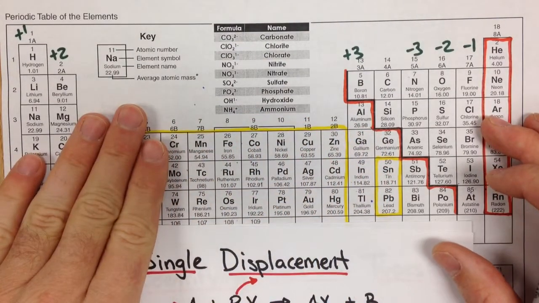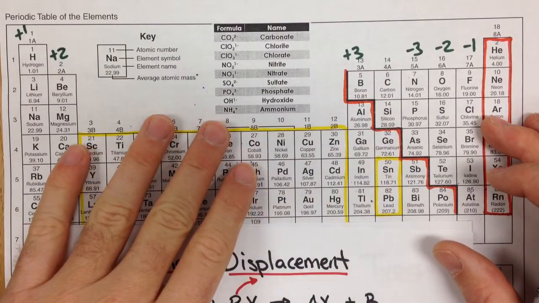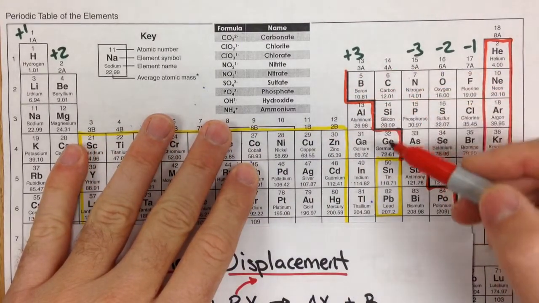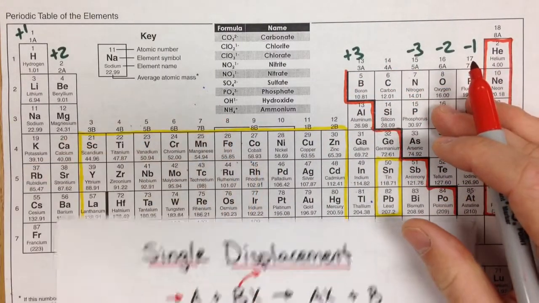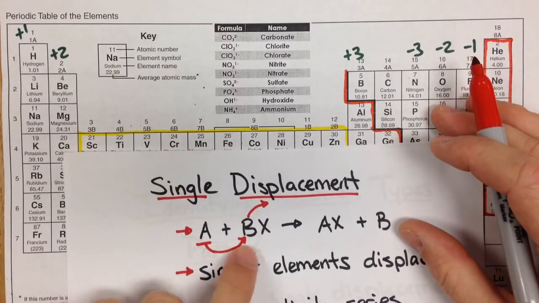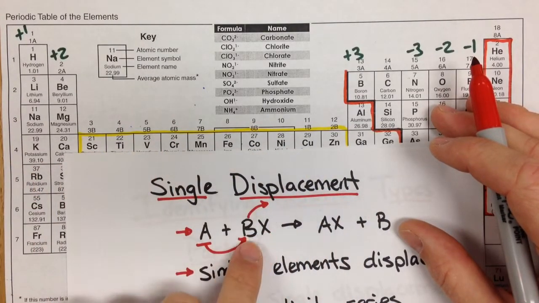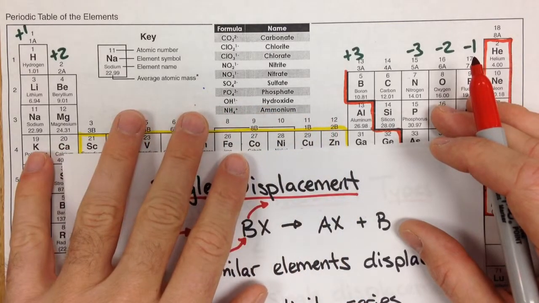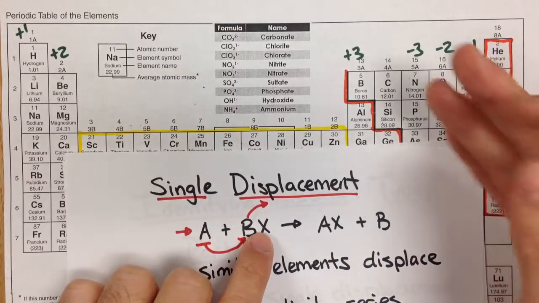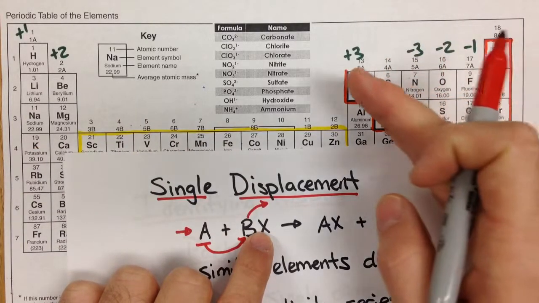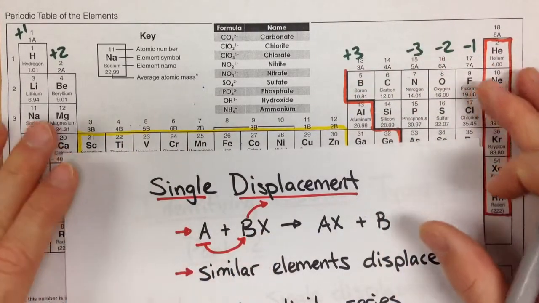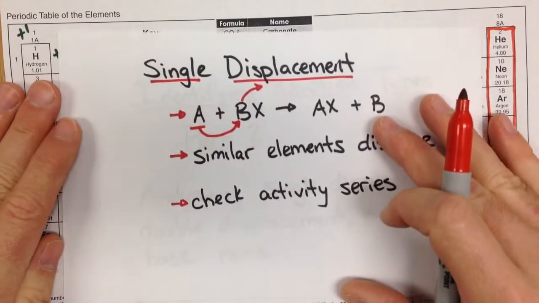Similar elements are on the same side of the stair step. So A and B are likely both metals. Actually, they are both metals because A was written first and metals are always written first. So both elements would be on this side, whereas X would be somewhere on the right. X would be classified as a nonmetal on the periodic table.